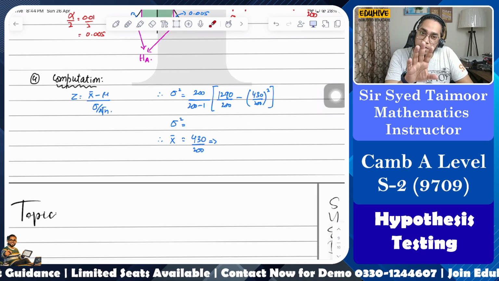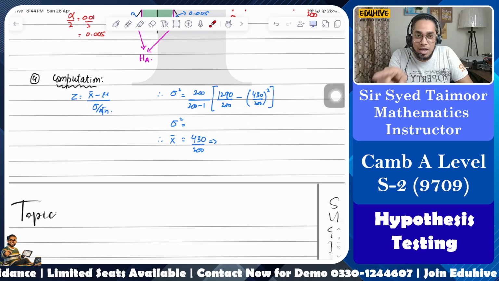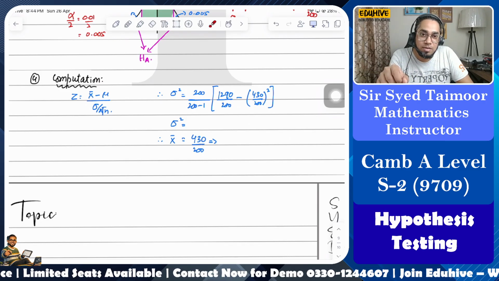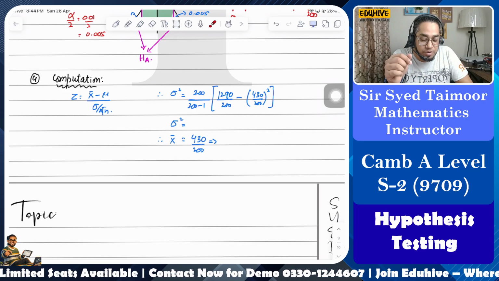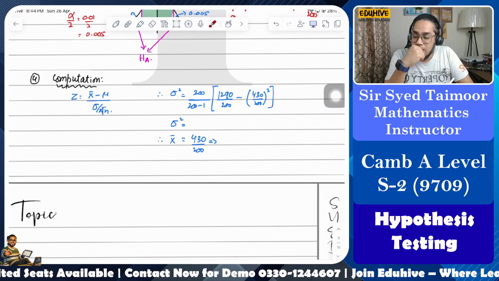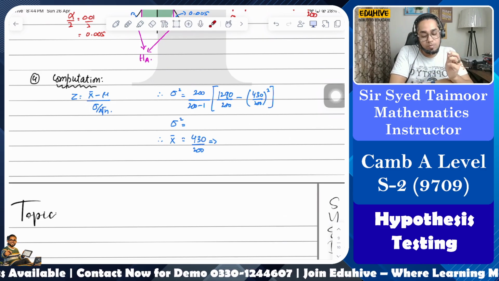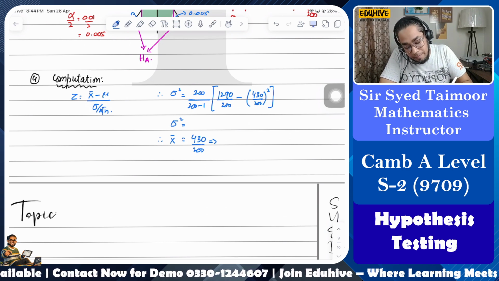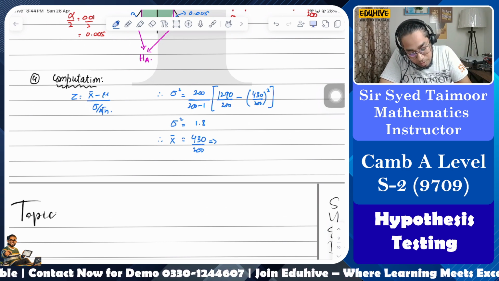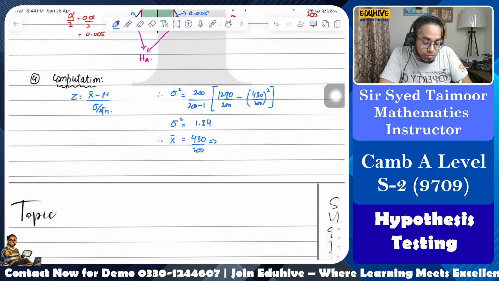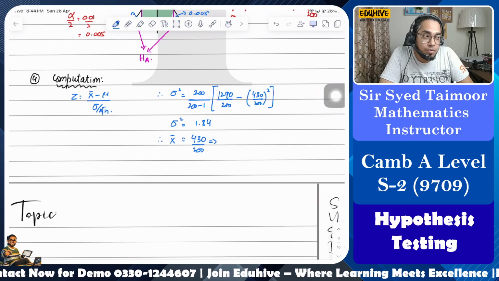Yeah, just leave that one. Actually, I am using n upon n minus 1. They are using 1 upon n minus 1. That is why it is not a square. Yeah, it will give you the same. 1.84. And what about this? 430 upon 200.